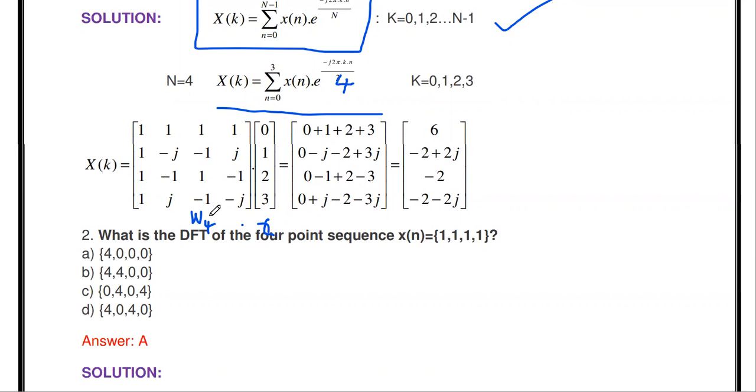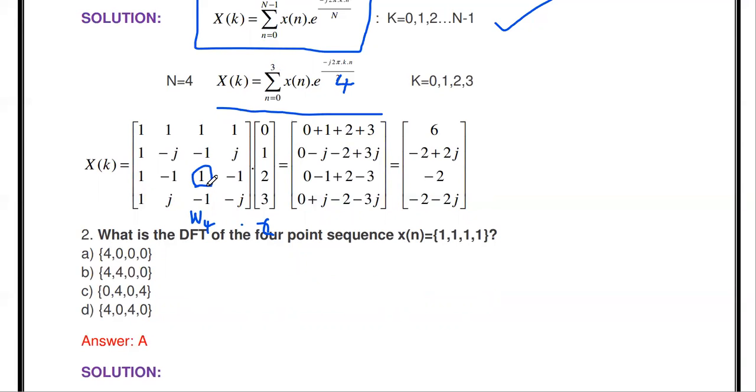So how to remember this 4-point twiddle factor matrix: there are 4 rows and 4 columns. In the first row and first column, all elements are 1. Okay, 1, 1, 1, 1. Then except this first row and first column, a 3 by 3 matrix remains. In that, the center element is again 1.